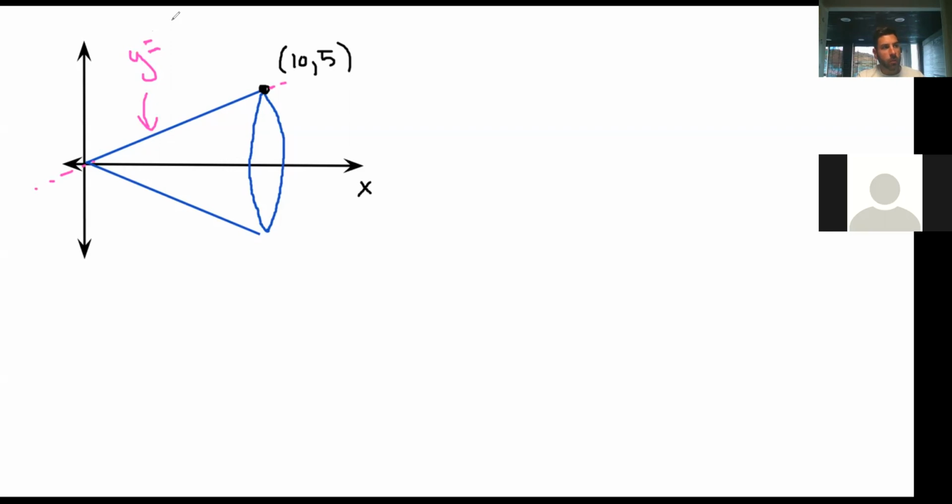Well, what's the slope? The slope is 2. Excuse me, the slope is not 2. The slope is 1/2 because it's 5 over 10. And since it goes through (0, 0), this is nothing more than the line y equals 1/2 x.